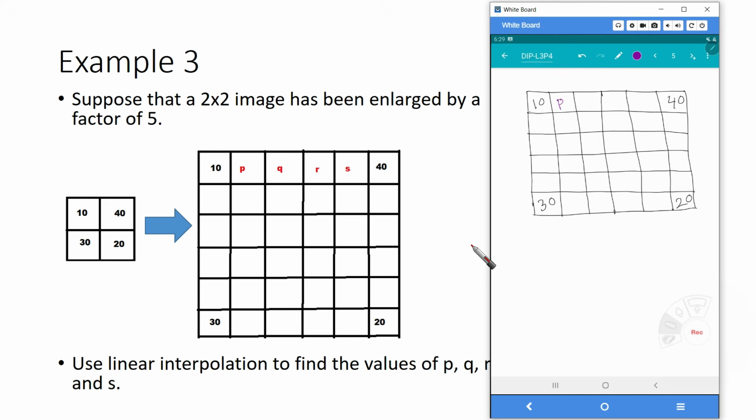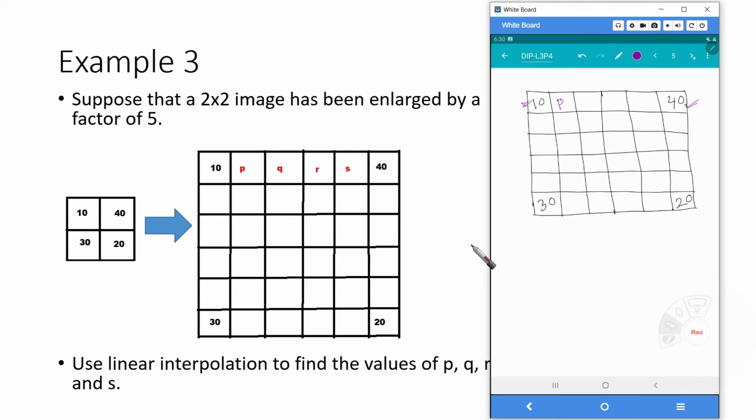Now what is the value of the P pixel? We already know that to calculate this value we'll have to use this 10 and this 40, because it's a linear interpolation. So we'll use these values 10 and 40 to find the value for P.